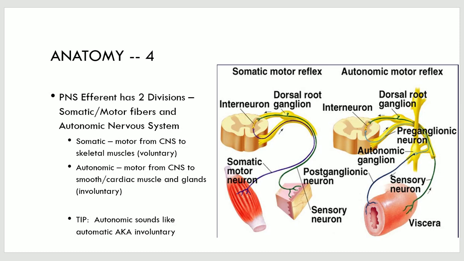Autonomic is not. The second efferent motor division is the involuntary one. Autonomic sounds like automatic. You are not in control. This is from the central nervous system to smooth muscle, cardiac muscle, and glands. So in this picture, we have a piece of intestine and a sensory neuron taking information up to the CNS, the brain and spinal cord, in green, and then back down and out to the intestine in blue.